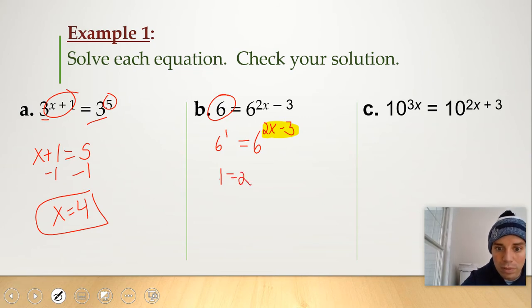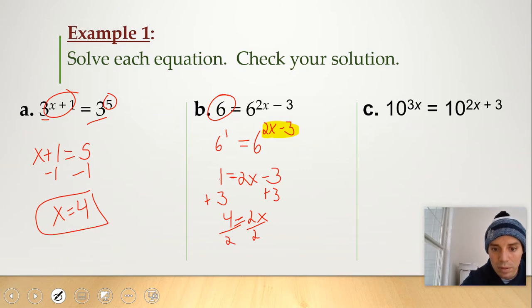Now we need to solve a basic linear equation. We're going to add the 3 to both sides. We get 4 is equal to 2x. Divide by 2, and x is equal to 2, or 2 is equal to x.